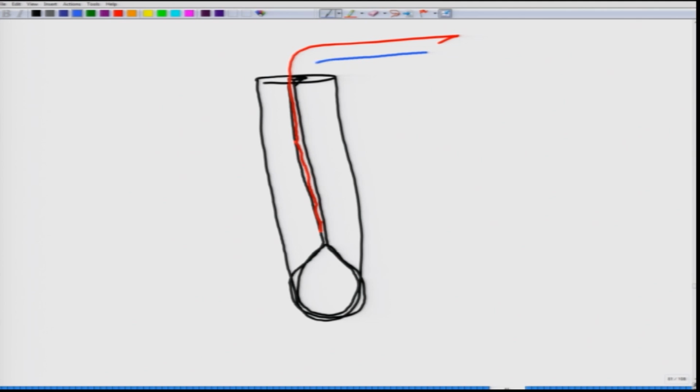Now, the glass membrane is here. This is the glass membrane. This is the positive lead, this is the negative lead, leading to the pH meter.